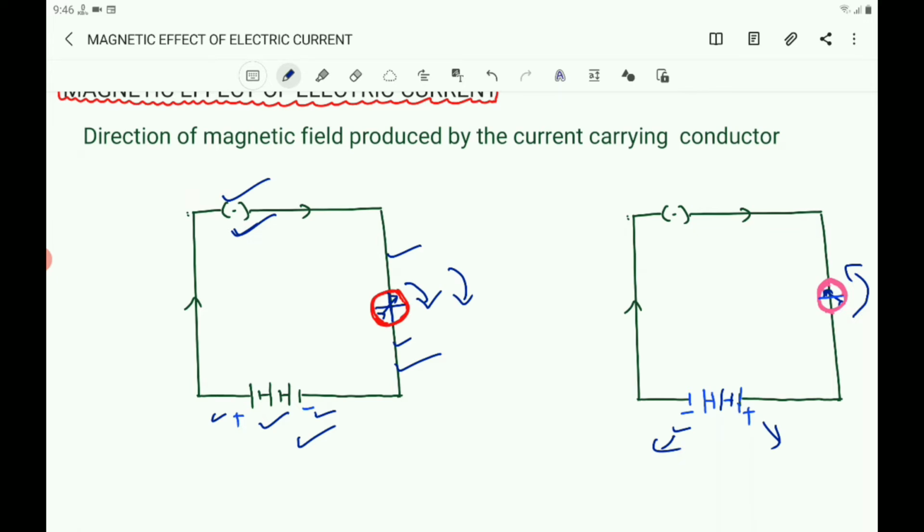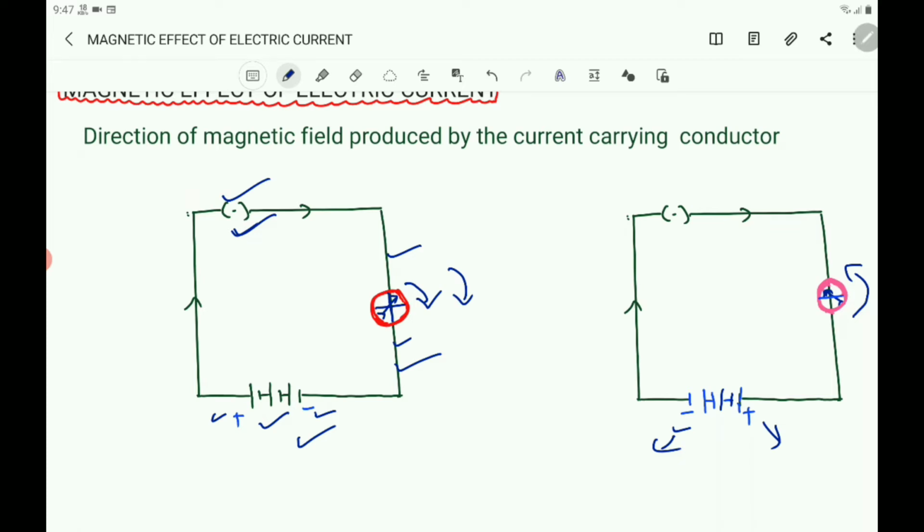It means that the direction of the magnetic field produced by the circuit is changed, that is, the direction of the magnetic field is reversed as the direction of the electric current is reversed. So in the first case, the electric current moves from which direction to which direction? That is from north to south.